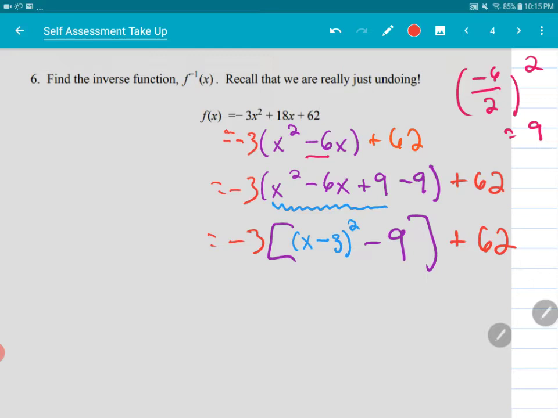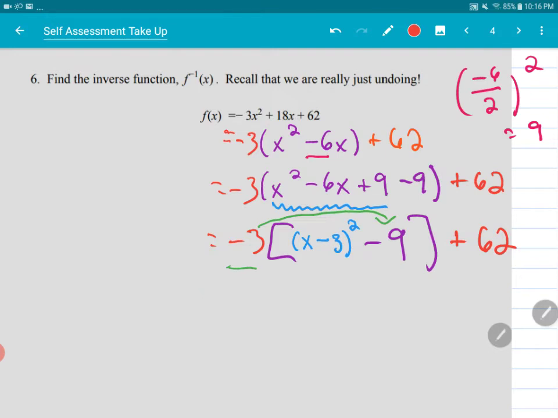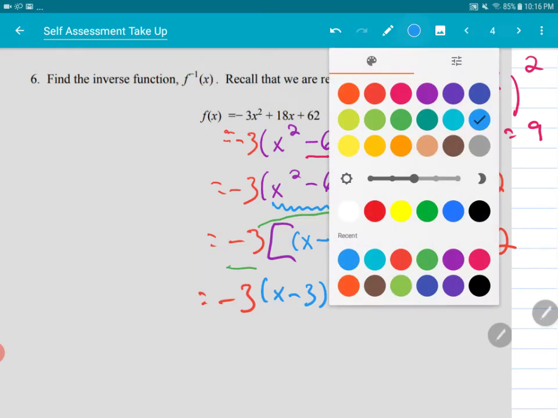But this doesn't look exactly like a quadratic vertex form yet. We still need to get that negative 9 out of the bracket. So the last step that we have to do is take this negative 3 and multiply it by that negative 9 to get it out of the brackets. So that's going to end up looking like negative 3 times x minus 3 squared. We wanted that negative 9 out of the brackets.